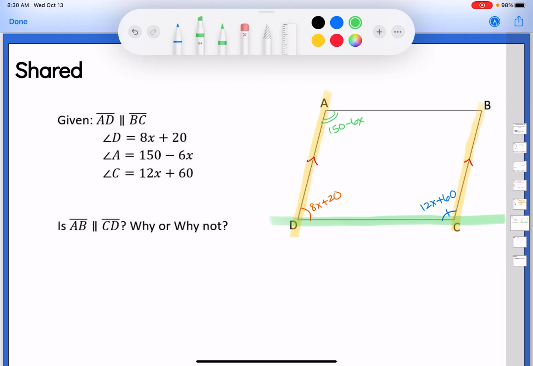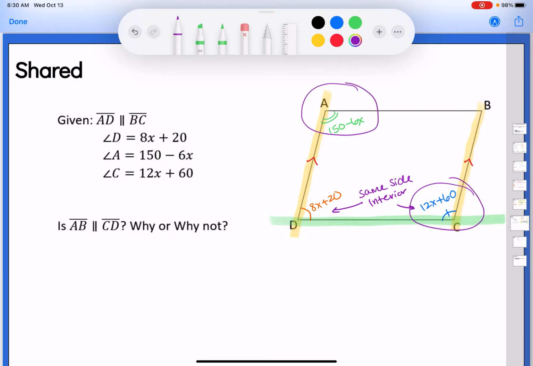So if I'm looking at angle D and angle C, these would be same side interior angles, right? Notice they're between the two yellow parallel lines. They're on the same side of that green transversal. Some people like to say that angle A and angle C are alternate interior angles, but remember, to be any special angle, they have to both touch one single transversal.